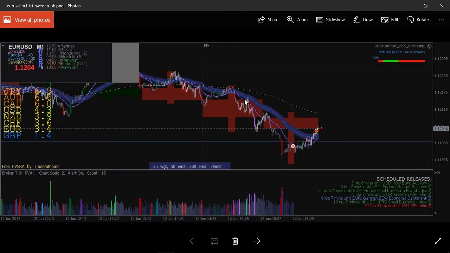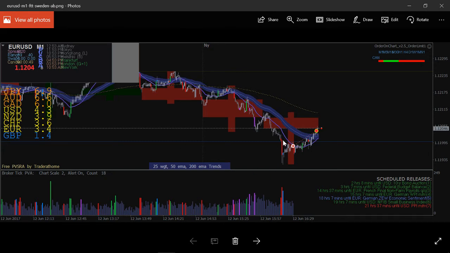For today, let's take a look at the trades that didn't go well and how I set my stop loss. The first trade we are going to look at is EURUSD on M1, the 1 minute chart. What happened here?